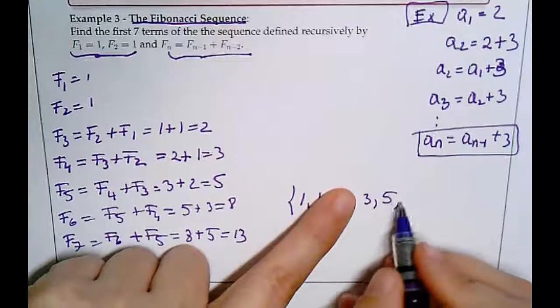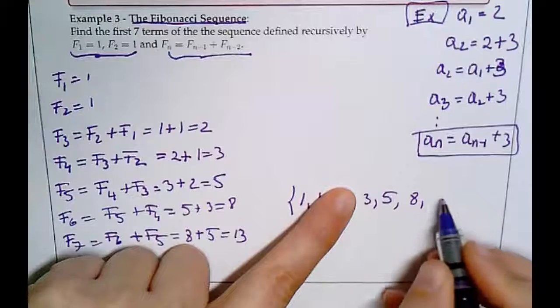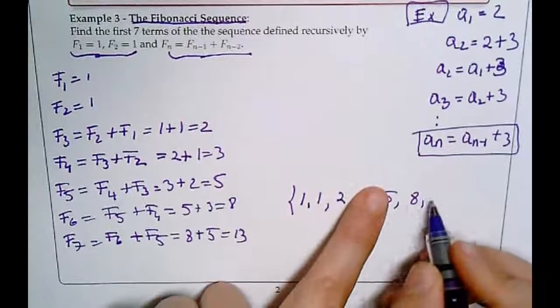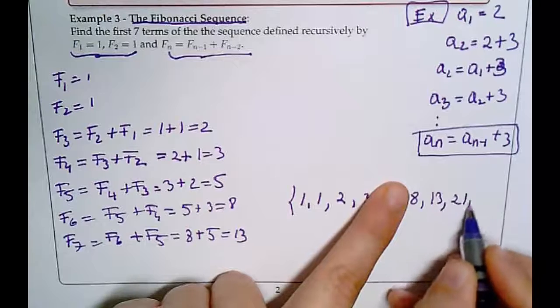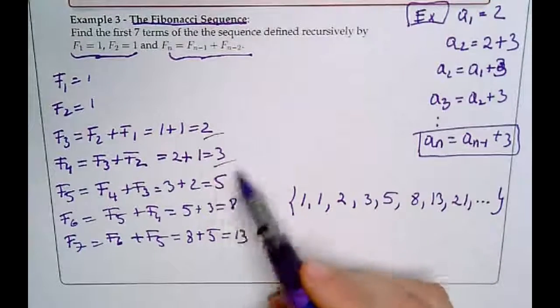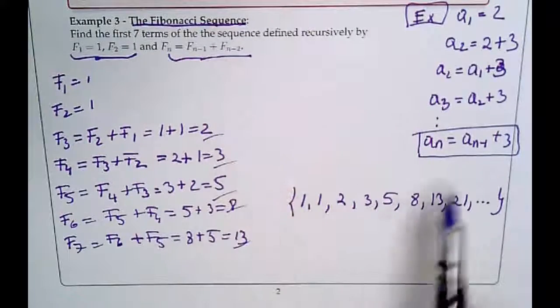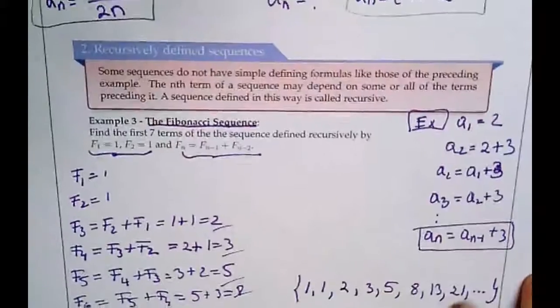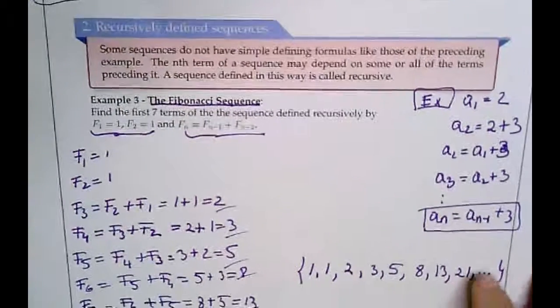The next term is the previous two terms added together, which is 8. And then the next term: 5 plus 8, 13. What would be the next term? 8 plus 13, 21, and so on. So this is exactly what we got when we actually used the formula. But the formula just means add the previous two terms. So there are sequences that are defined in this way.